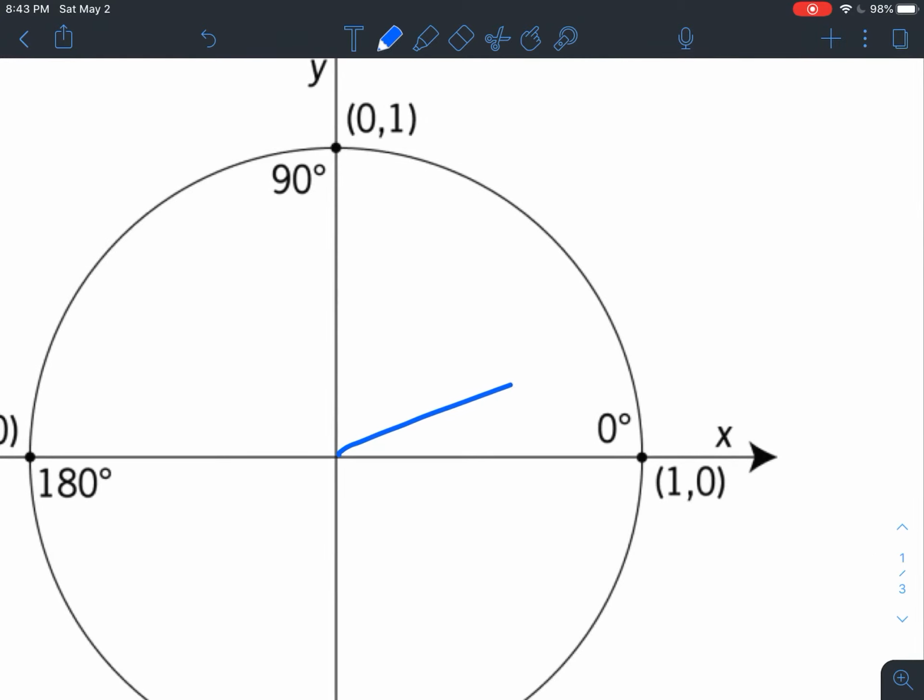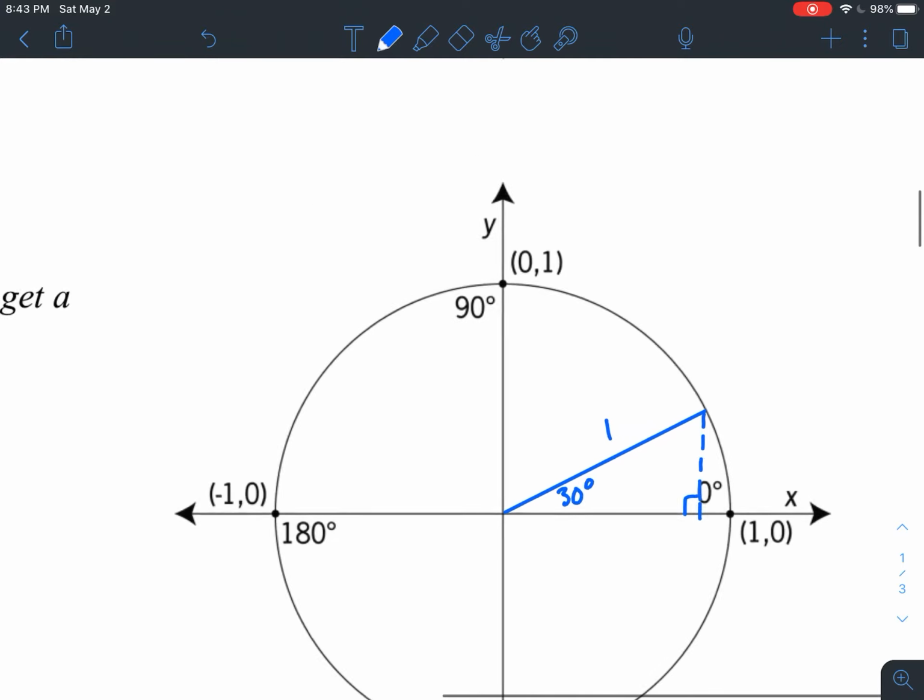So 30 degrees, I'm going to go about a third. That looks about right. Probably not perfect, but that's okay. Drop my perpendicular. So now this is 30 degrees. That is still 1 because it's still the radius of the circle, and it's a unit circle by definition. It's still 1. So now I'm trying to figure out the two legs of my right triangle.